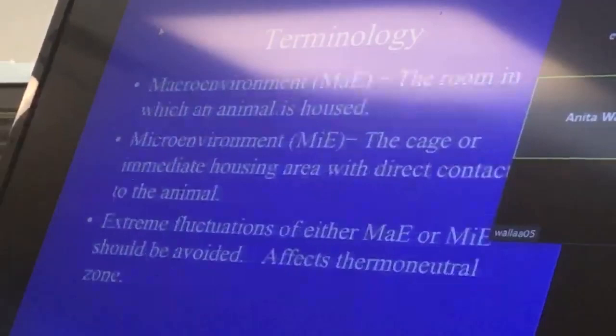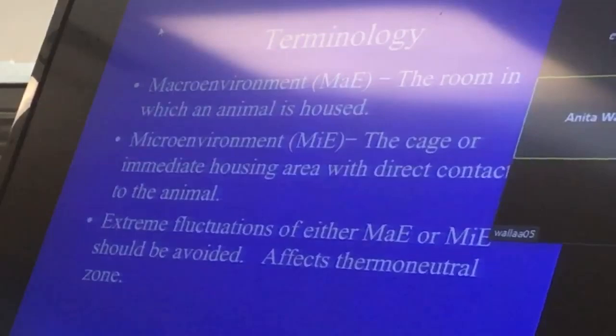Similar terms, but a little bit different, are microenvironment and macroenvironment. Again, we talk about secondary containment. Another way of looking at secondary containment could be the macroenvironment. If you think about micro and macroenvironment, it's really along the lines of temperature control. The ability to control an animal's temperature and to maintain it in a thermal neutral zone is affected by the macro and microenvironment.